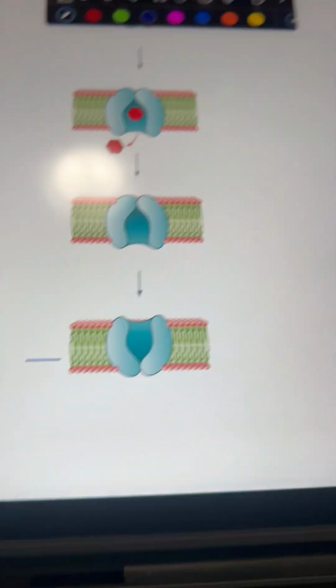This rocker method is something that is extremely common in a lot of transport proteins in the membrane. It's a method that a lot of them use. And it involves the binding of a ligand. The ligand is what binds to the transport protein, causing the conformational change.